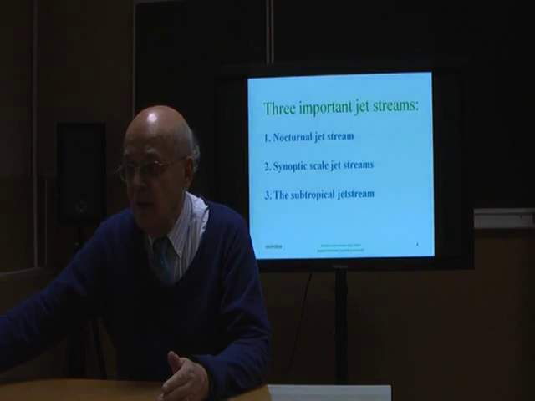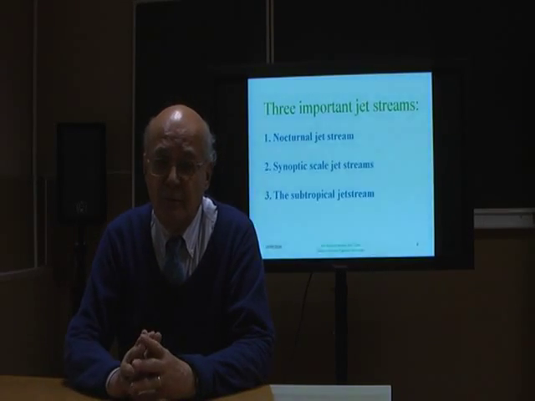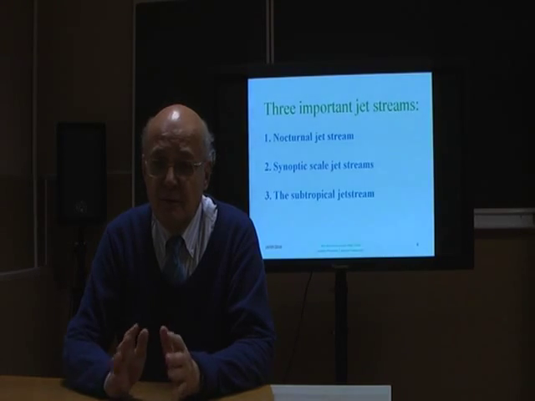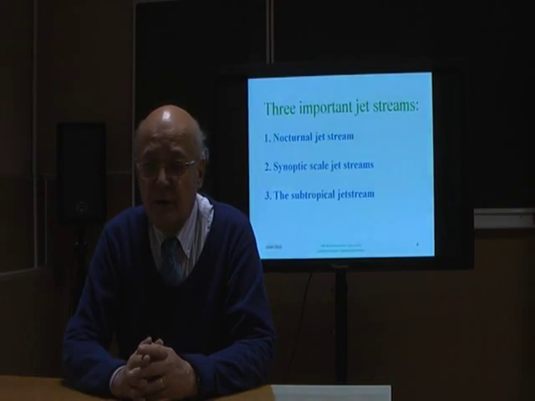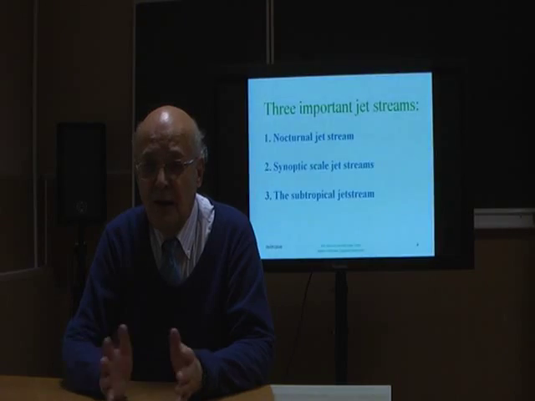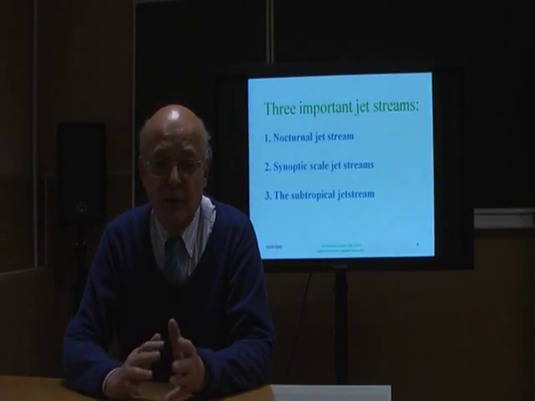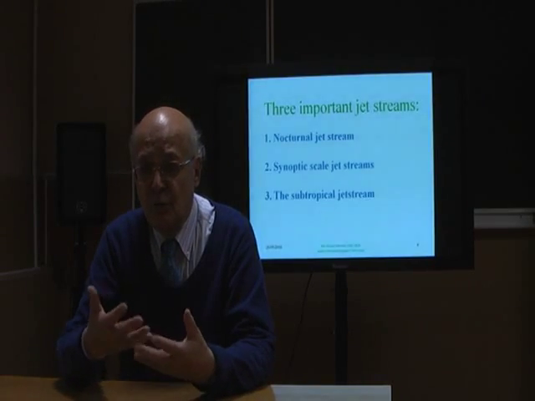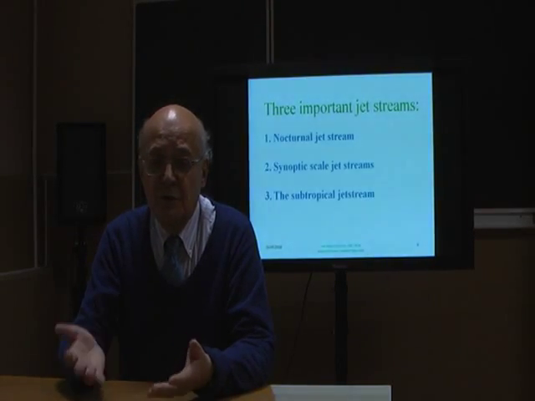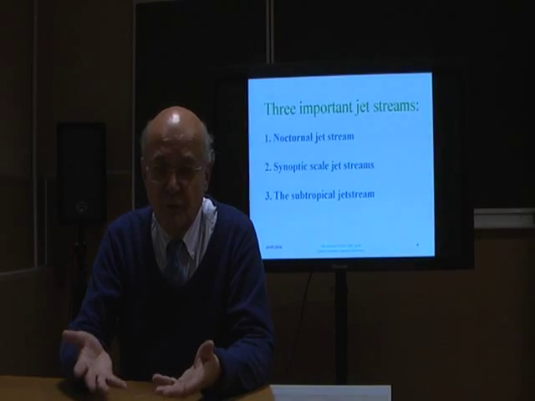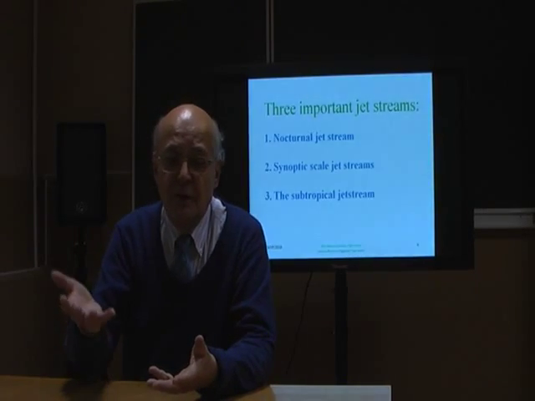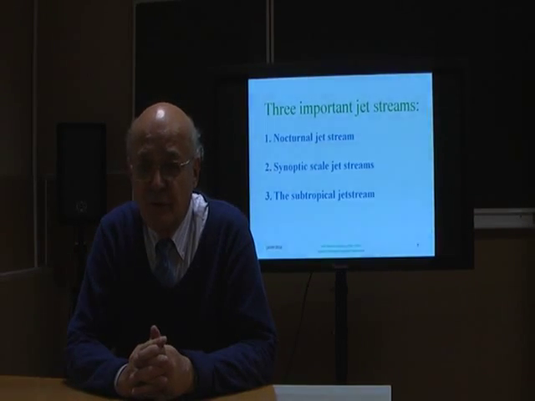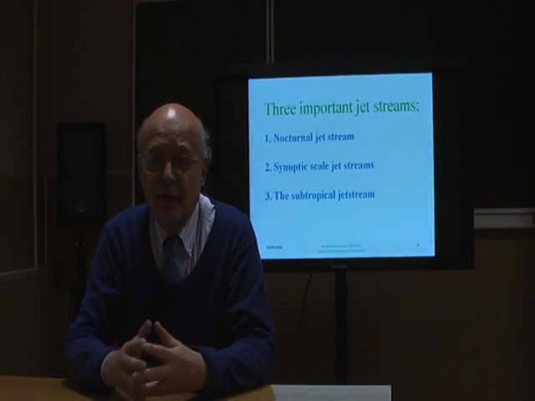So the three important jet streams are the nocturnal jet stream, the synoptic scale jet stream, and the subtropical jet stream. The nocturnal jet stream is perhaps the least known. It is quite dangerous. It happens in the night. During the day there can be normal winds, but when the sun sets and there is a cooling of the ground, an inversion is formed at the bottom of the atmosphere, and suddenly the winds at higher levels are decoupled from the Earth's surface, and the frictional effect is lost.